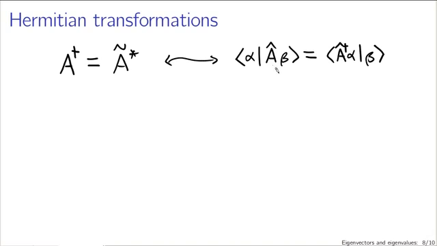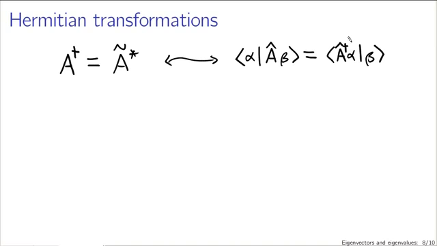So if we allow our transformation to act on the vector on the right of the inner product, versus we take the Hermitian conjugate of the transformation A hat and allow it to act on the vector on the left of the inner product. This is the essence of taking the Hermitian conjugate. If we take this transformation and allow it to act on the right, we could equivalently take the Hermitian conjugate and allow the transformation to act on the left.